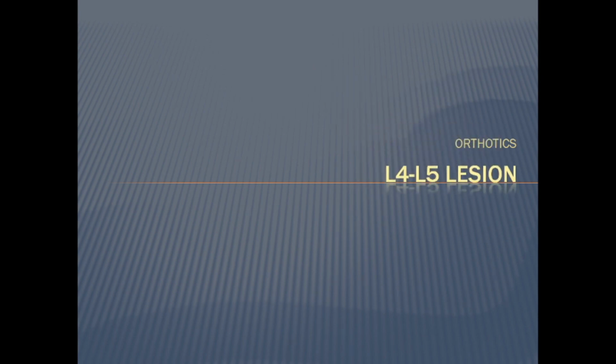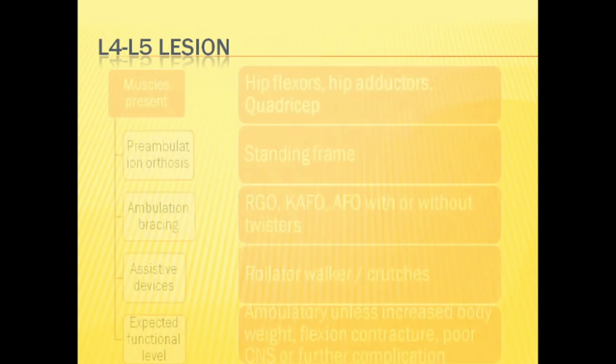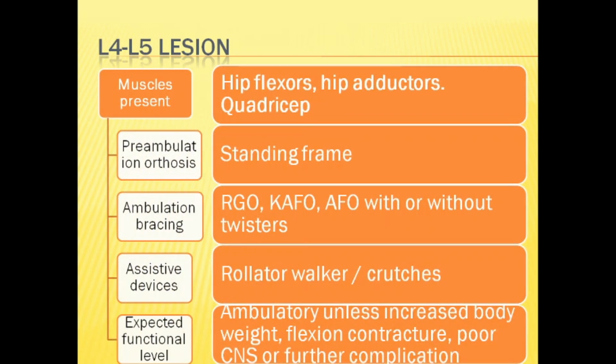Now orthosis for a child having L4 to L5 lesion. So first tell me, which muscles of the lower limb will be spared for the L4 L5 lesion? So these are the muscles.